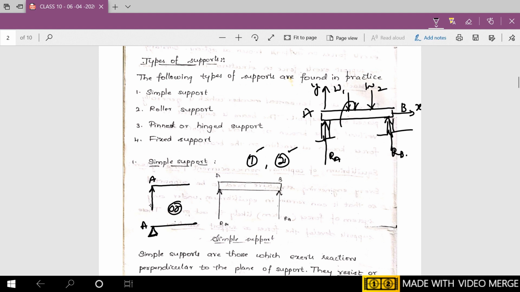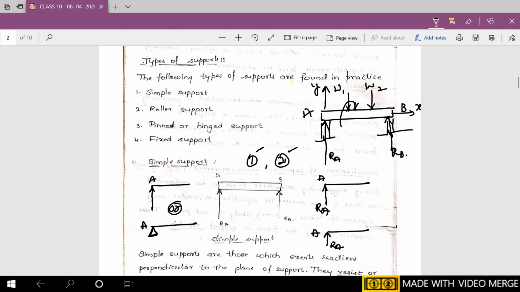If it is given vertically upward, it is already given as an upward reaction, and I have to name it, that's it. Or else, if this is the representation, again it will have one reaction along the vertical y direction, so that it is not moving.